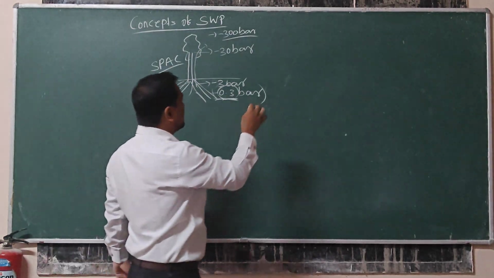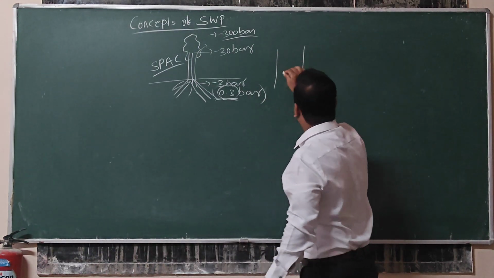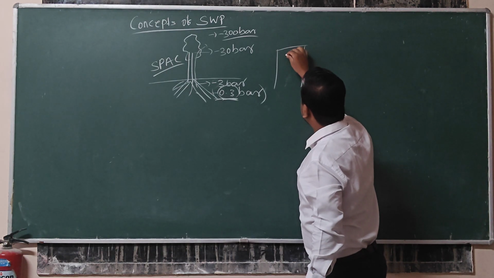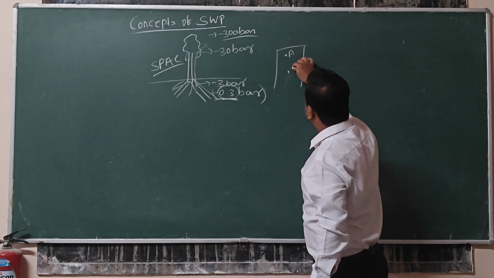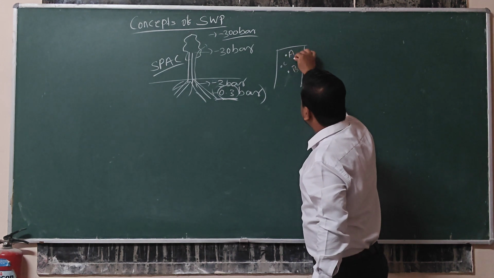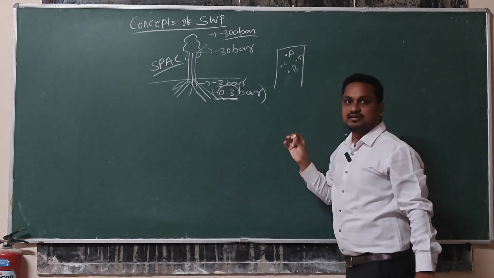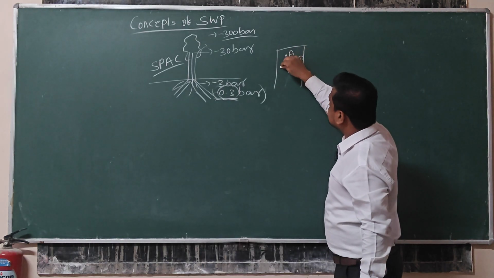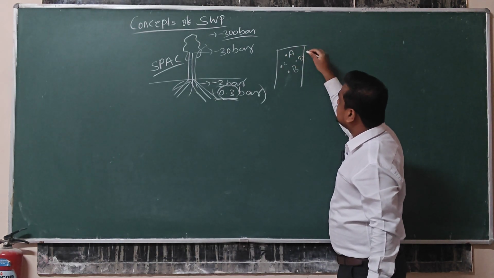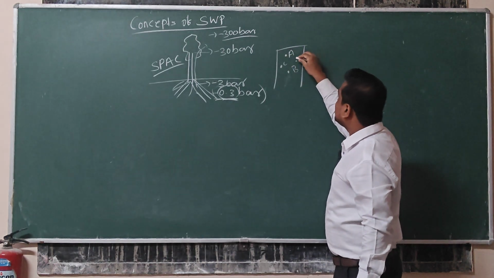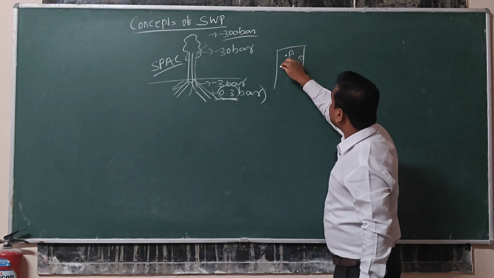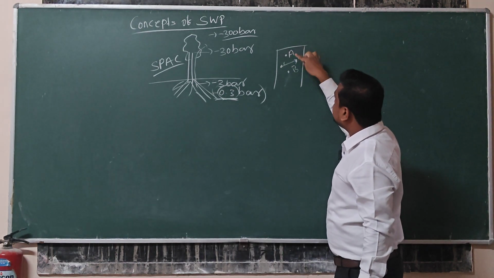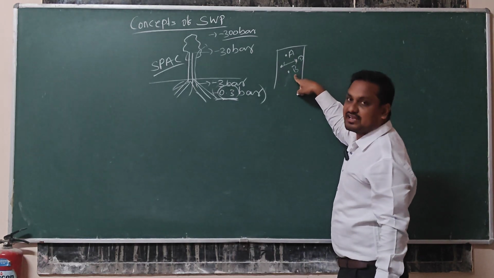In soil also, as I have discussed, if this is a profile, think of this as point A, this as point B, this as point C, and point D. The highest water potential is at C, and the lowest is at D. So the water movement will happen from C to D, and compared to A, B has higher potential.